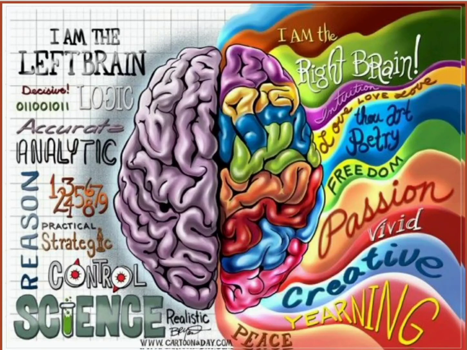The right side of your brain also controls any passion that you have. If you like cooking, if you like to play any musical instrument, if you are creative when it comes to taking part in dramas, in acting, and whatever you wish to do.